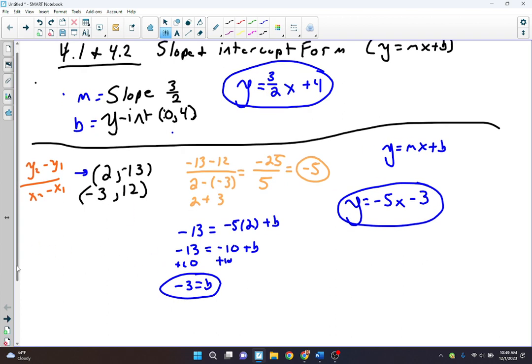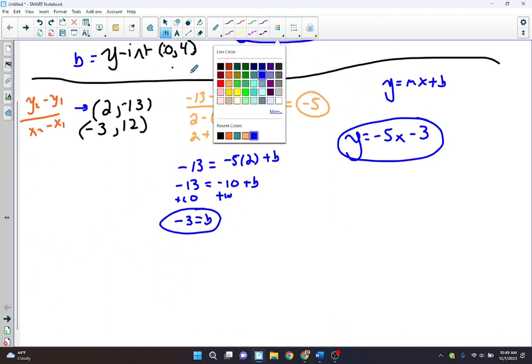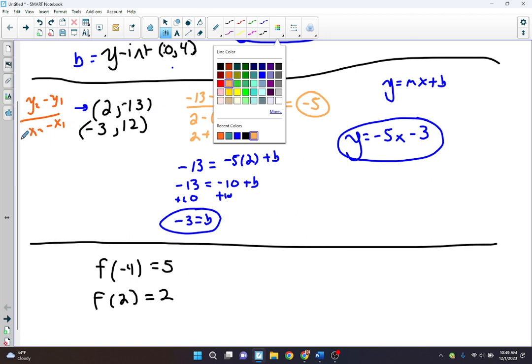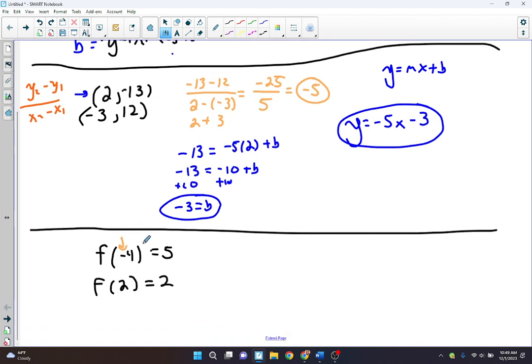The other way I could give it to you is in function form. Just a reminder, when I give it to you in function form, so if I say f of negative 4 equals 5, and f of 2 equals, let's say, 2, make sure when you write it, the input is the one inside the parentheses, and the output is the one it equals.